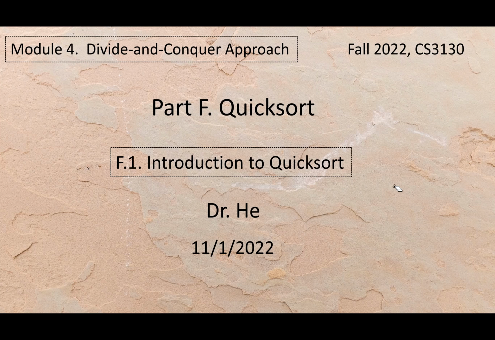But other than that, there are some other reasons. For different sorting algorithms, our focus could be different. Or we can say in this way, the advantages and the disadvantages could be different.